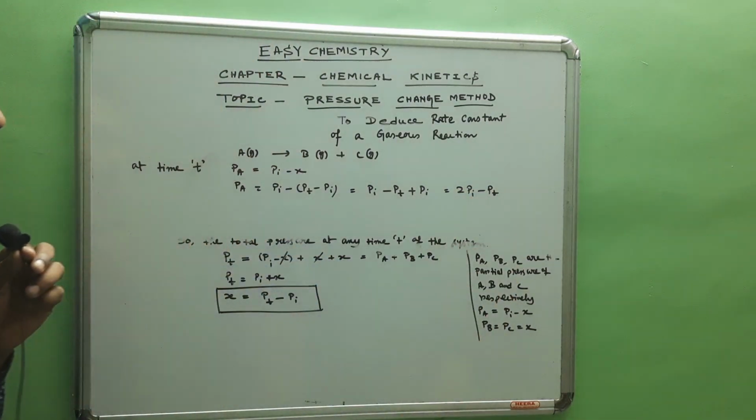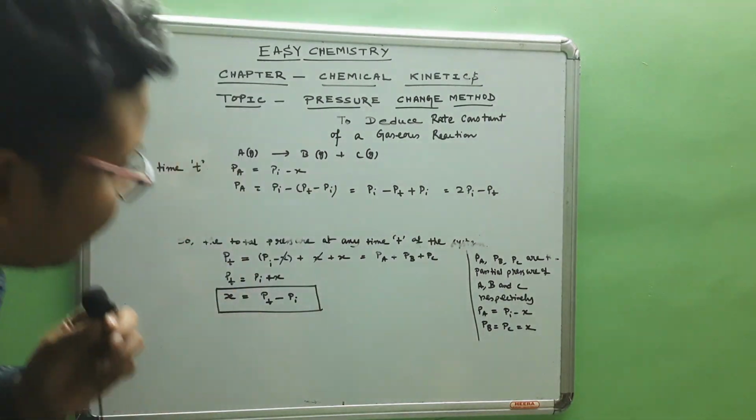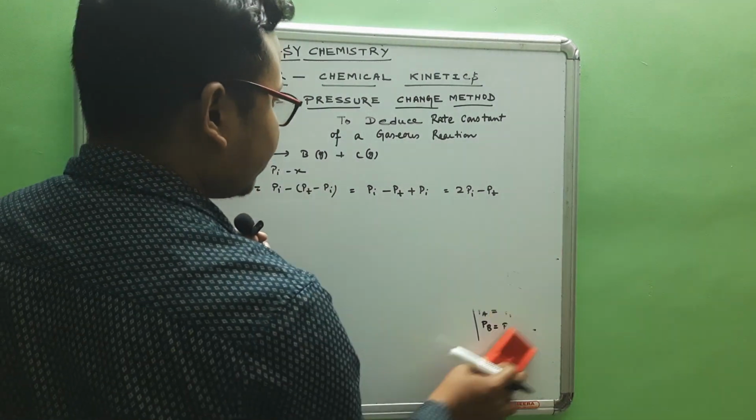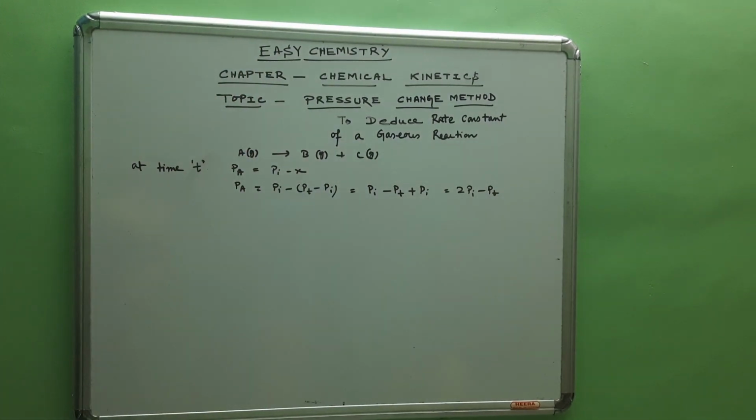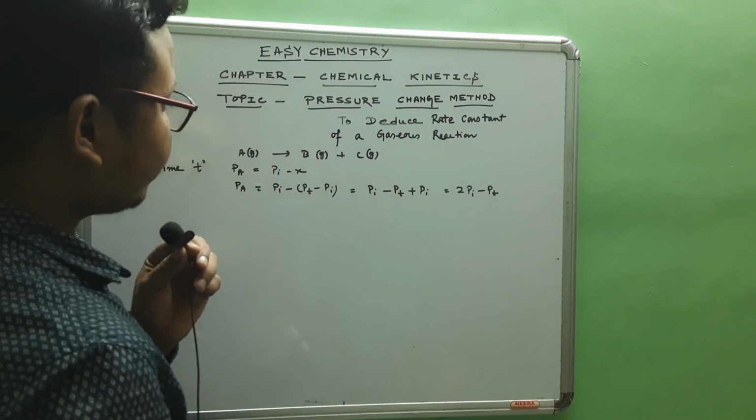Okay, 2Pi minus Pt. And we assume the gaseous reaction. Look at our first section, we assume the gaseous reaction is of first order.